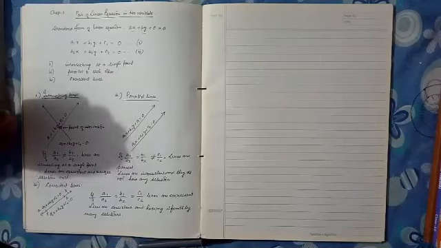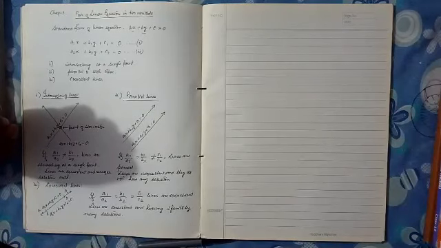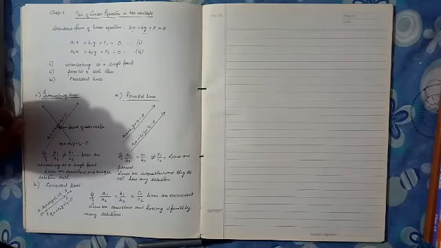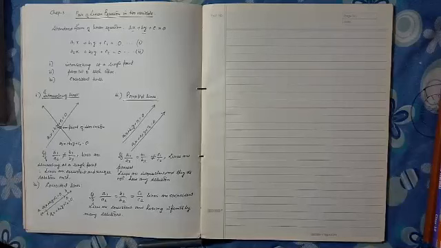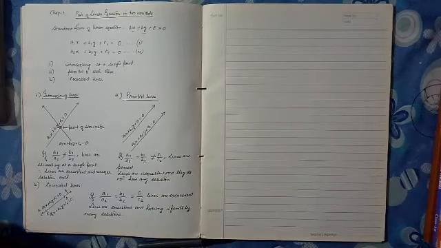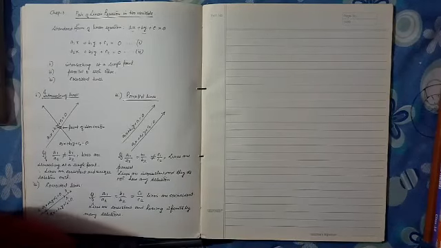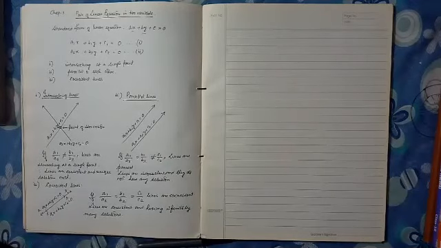And if a1 by a2 is equal to b1 by b2 is equal to c1 by c2, lines are coincident. That is, the lines are consistent, but they have infinitely many solutions.